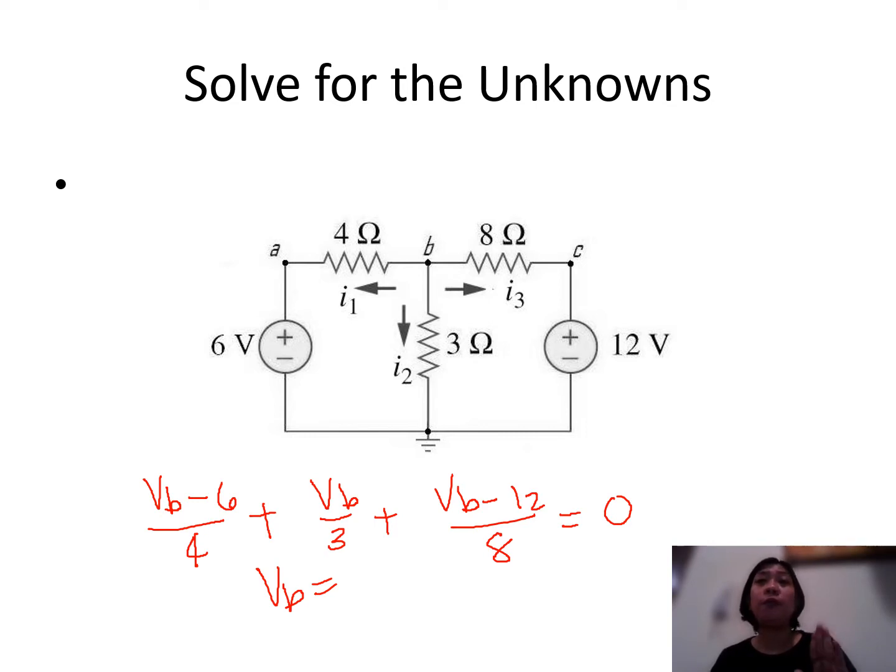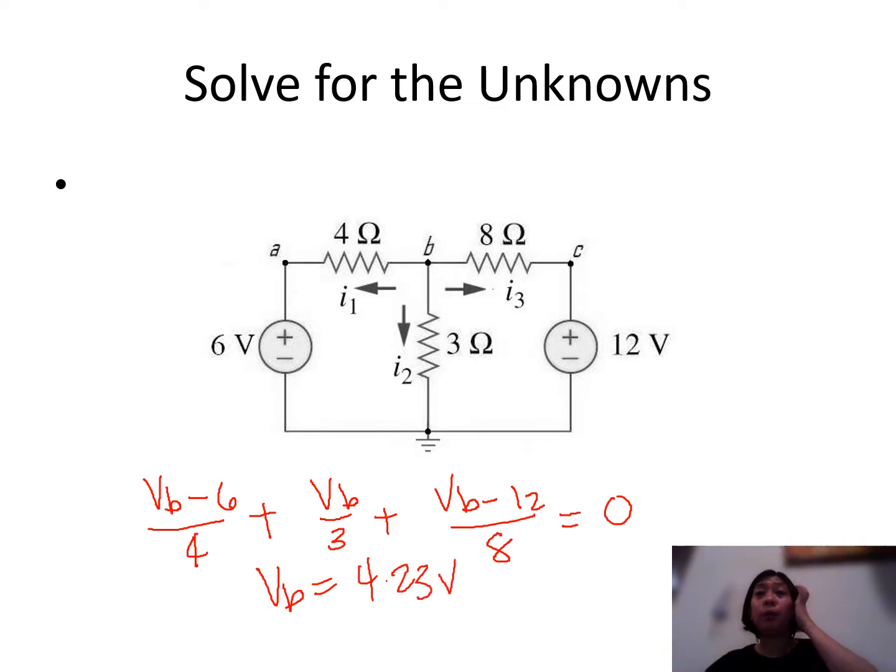If you're going to make use of the mesh analysis, you will be solving for two simultaneous equations because technically we have two meshes here. But if we're going to make use of nodal analysis, we can solve for these three branch currents just by having one equation and by solving our node voltage VB. So what is our VB here? Solving this equation with one unknown, VB is equivalent to 4.23 volts.